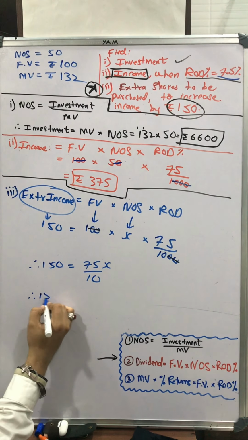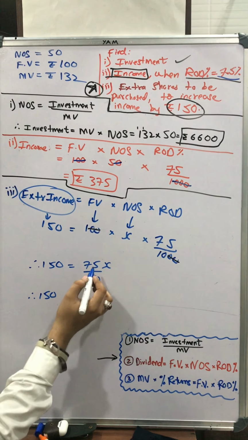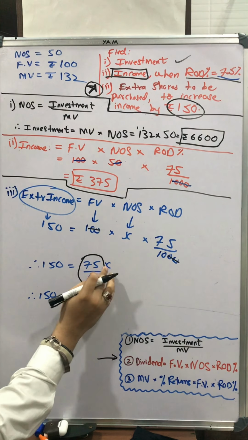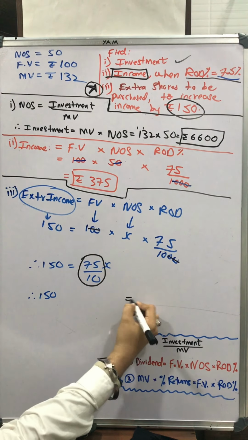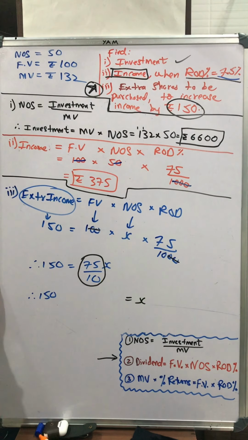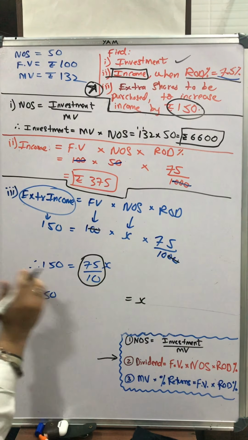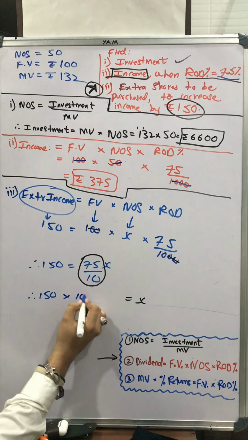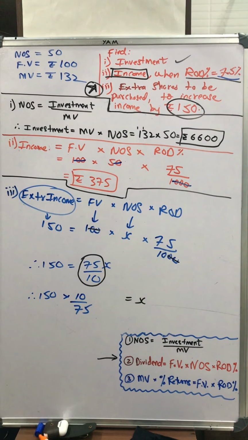I just need to keep this X alone on one side because I need to find the value of X. So I'll bring the 75 upon 10 to this side. It won't be deducted, minus nahi aayega. It will be reciprocated because it's multiplied with X. So when it comes here, it will become 10 upon 75.